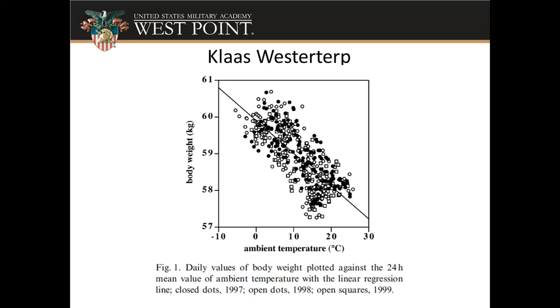He has daily weights actually, and those 3 years of data indicate a tight relationship with temperature. So I'm just giving you one image of where if we can't self-report our intake, or we can't watch our intake to the level that we think we can, and outside temperature influences someone as solid as Klaus Westerter, then we're probably not in control of our intake the way we think we are.